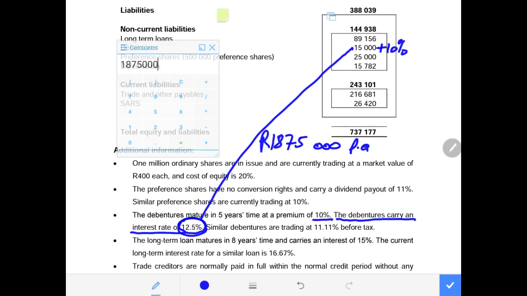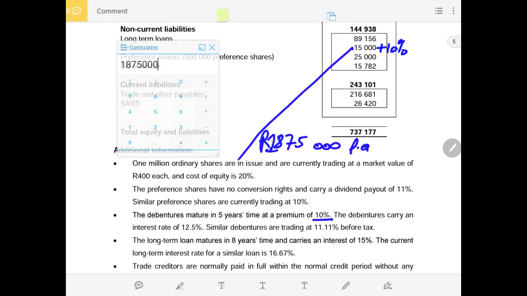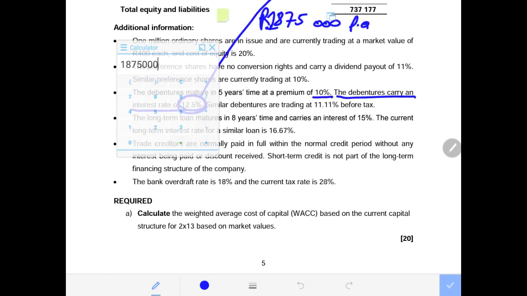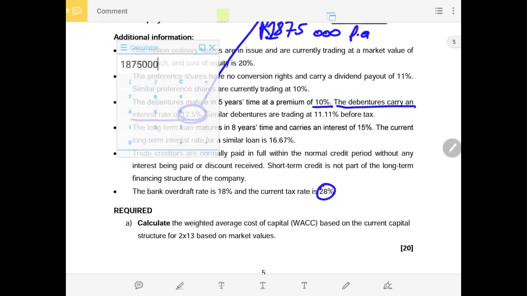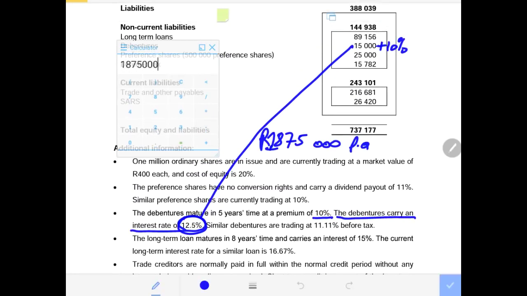But remember, interest attracts tax. It will be allowed for us to deduct our interest in the income statement so that we pay less tax to SARS. If we pay less tax to SARS, this interest must be after 28% of tax has been removed, because that 28% of tax will not be paid. Hence our PMT must be after tax in the case of a debenture or a loan.